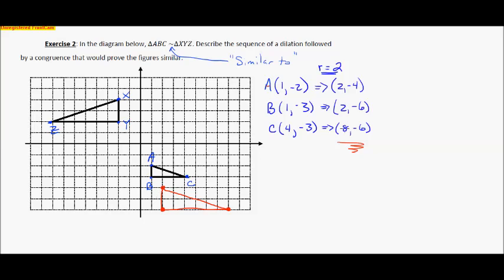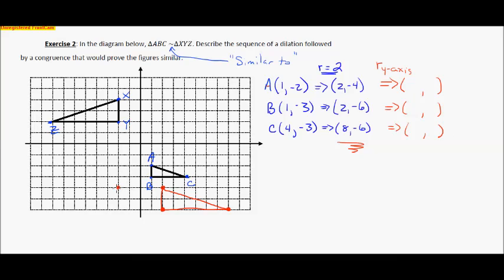So if I do a reflection across the y, and we'll put that right up here, I'm going to get a new set of coordinates for each one of these. So I'm just going to put those in there and see where we end up. Well, if I reflect over the y, I could use my rule.